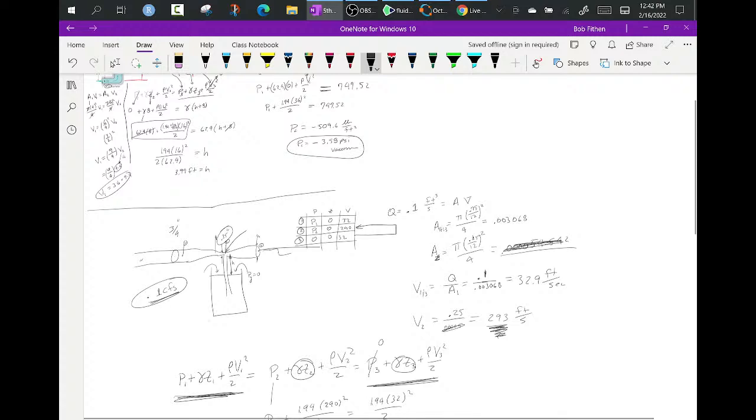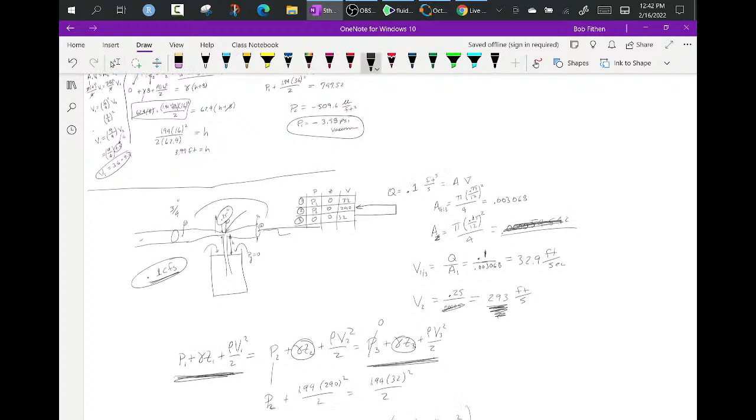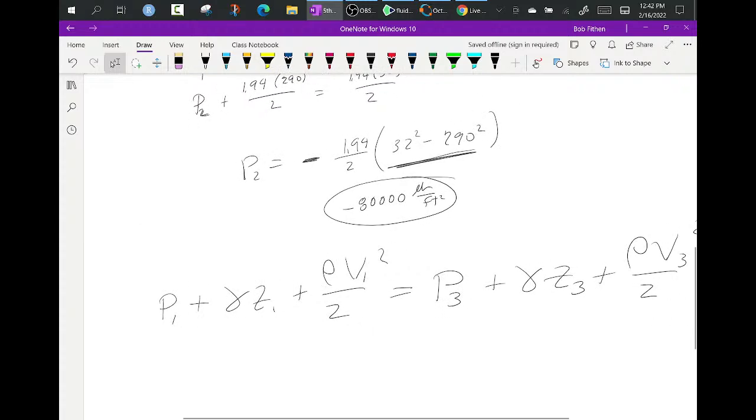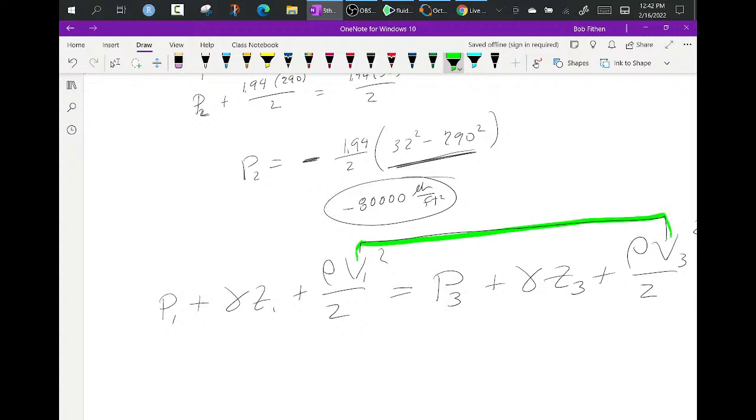From continuity, these are the same diameters. Therefore, the velocities should be the same. This is a very important point. Elevations are the same. So therefore, P1 has to be equal to P3, right?